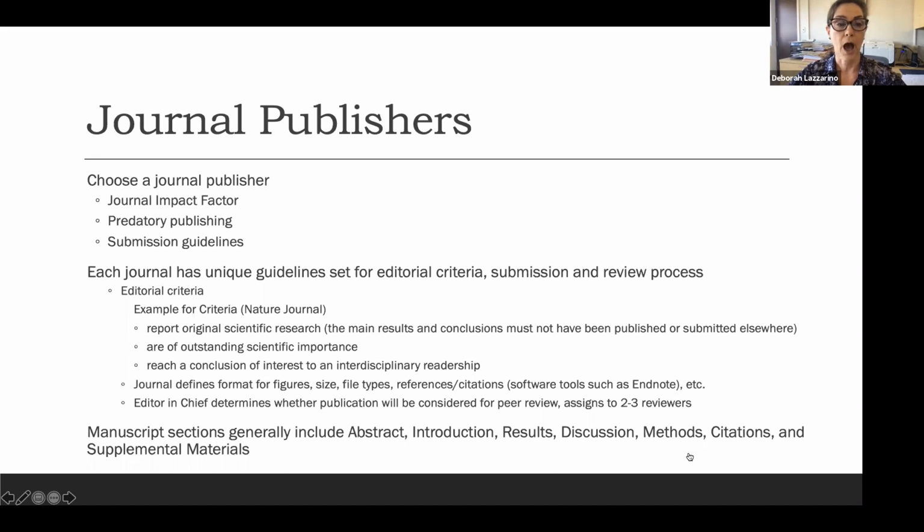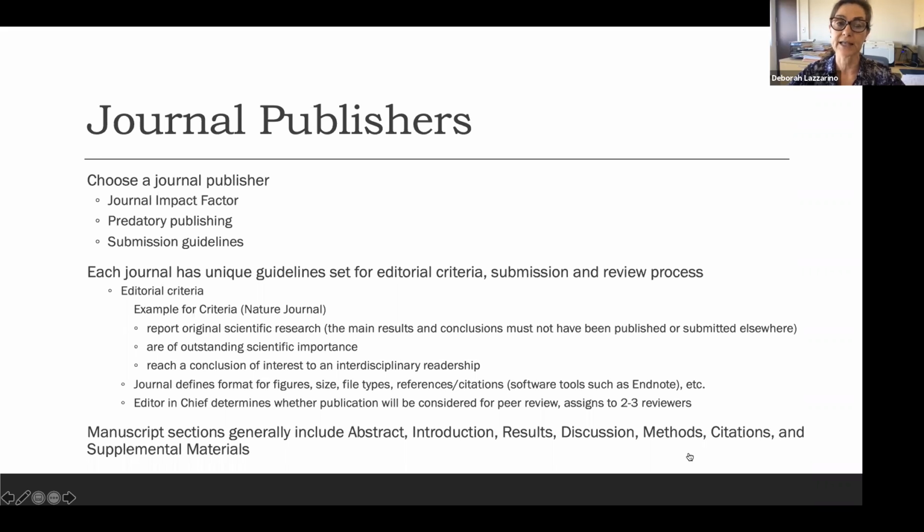Predatory publishing, I put this here, but I probably should have stuck it in the open access discussion. So we'll talk more about how NIH and others have really facilitated the access to scientific journal publications without the cost related. In the old days, you would have to subscribe to a journal for access to papers, and it was very, very expensive. So now in the age of electronics and cost savings to people that don't have access easily, we've begun to build a policy for open access.